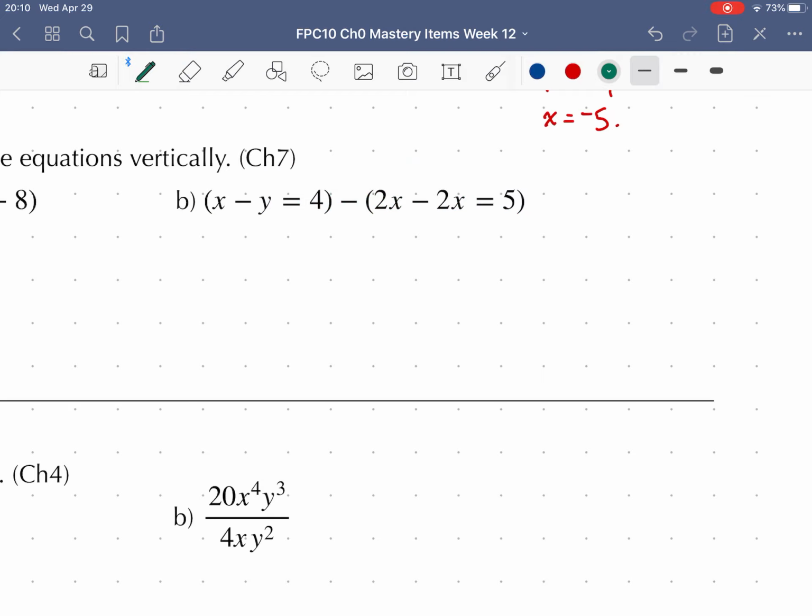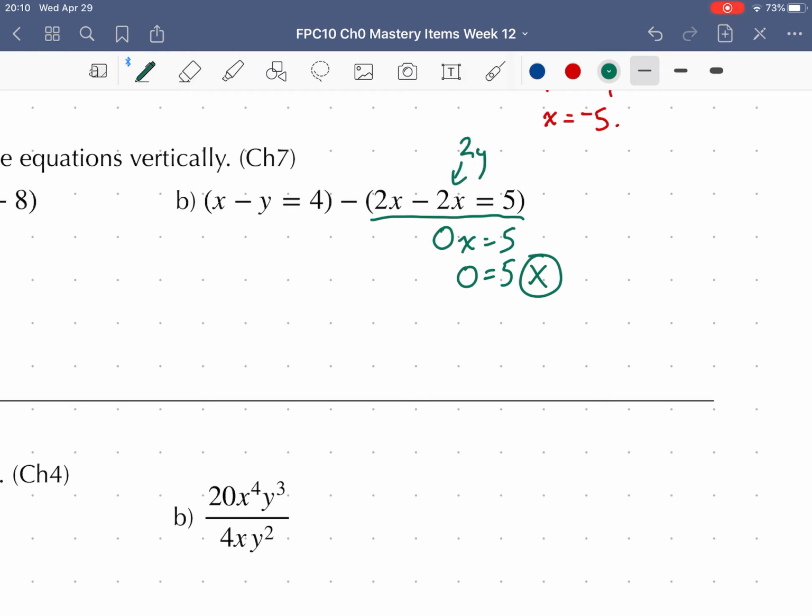Well, we've got 2 x's there, so let's take this equation, let's simplify it. 2x minus 2x equals 5. Well, what's 2x minus 2x? 0x equals 5, which means 0 equals 5. Well, that's an error right away. Big error.